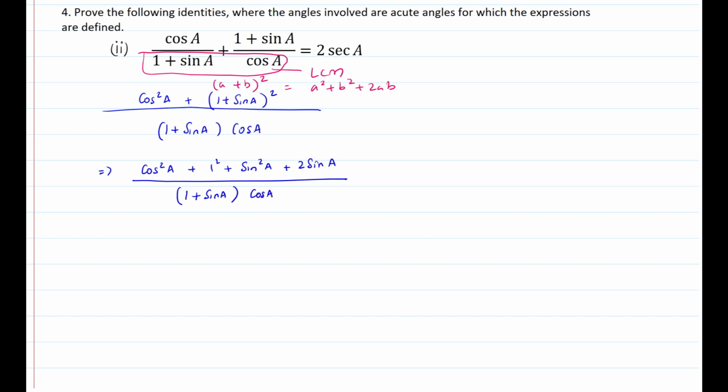Now you know this identity, cos square a plus sin square a is equal to 1. Therefore these two will become 1.